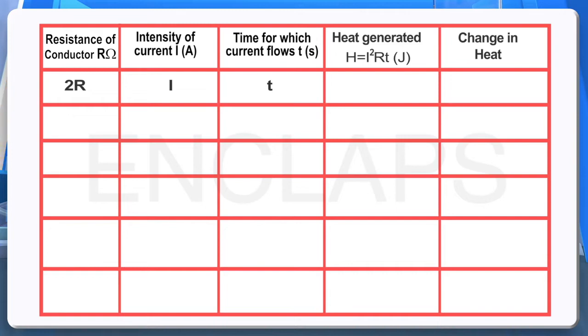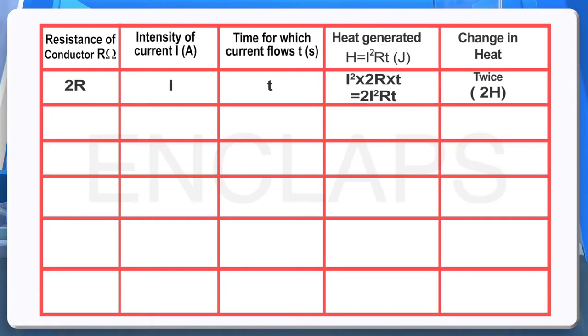Substituting the value of R into this very same equation, H is equal to I square into 2R into T, that is equal to 2 into I square RT equals 2H. That is, the heat has increased to twice the value.